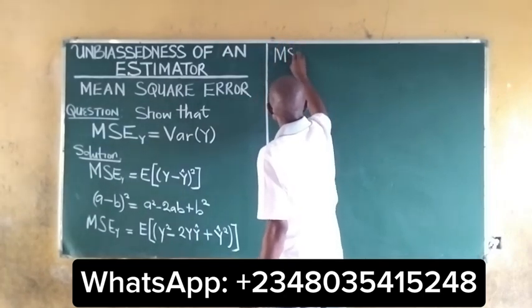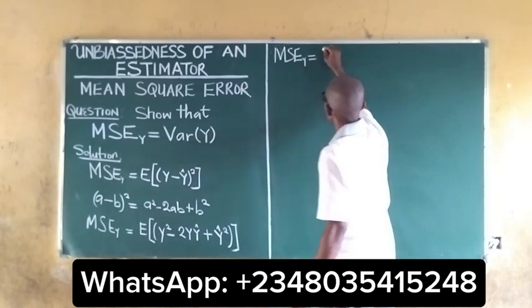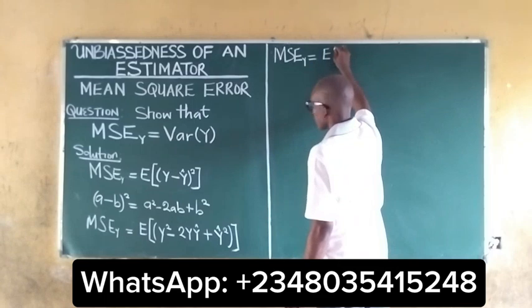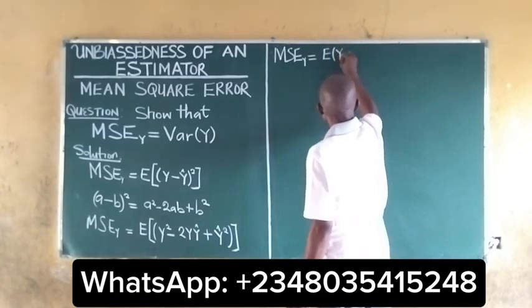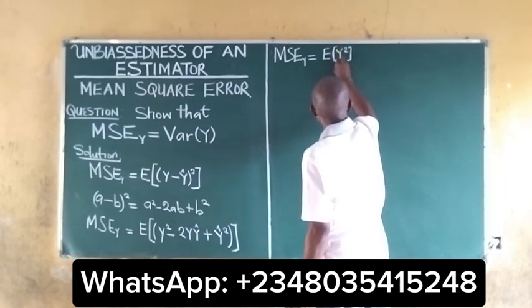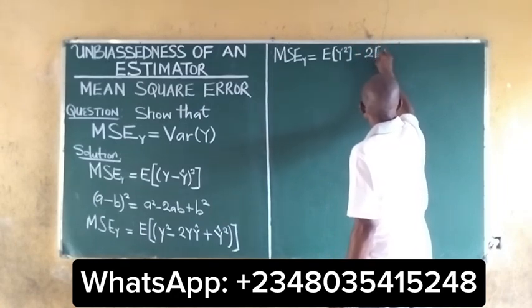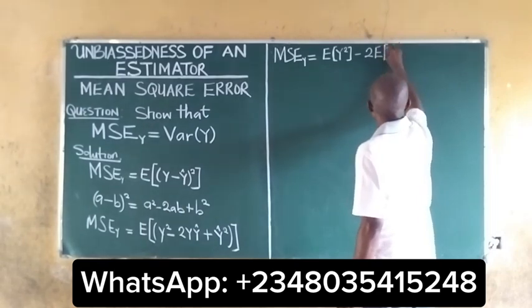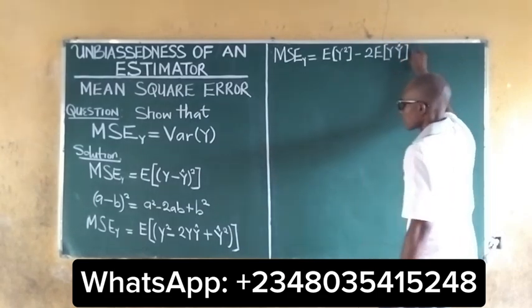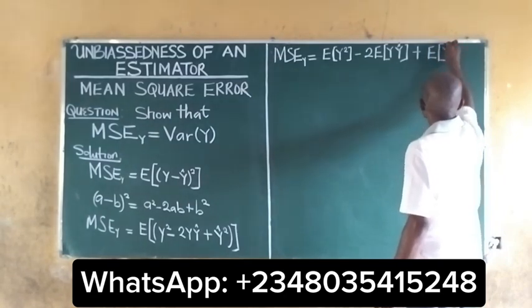Our mean square error for y will be equal to the expected value of y squared minus 2 expected value of y y estimate plus the expected value of y estimate all squared.